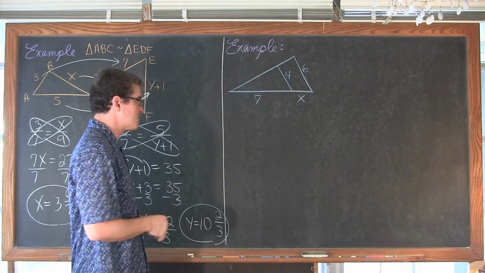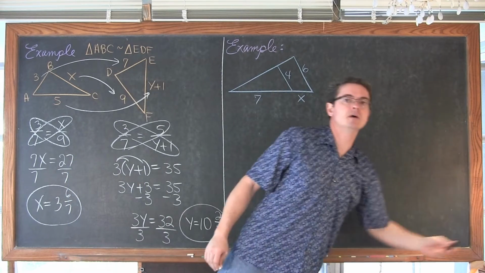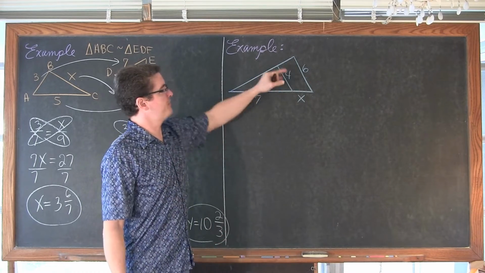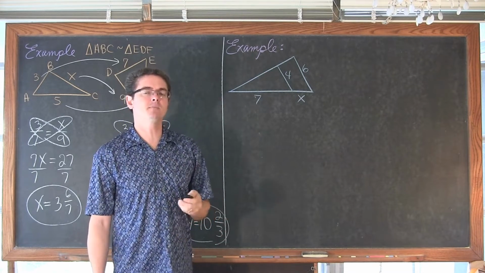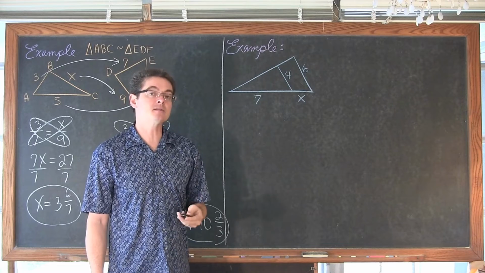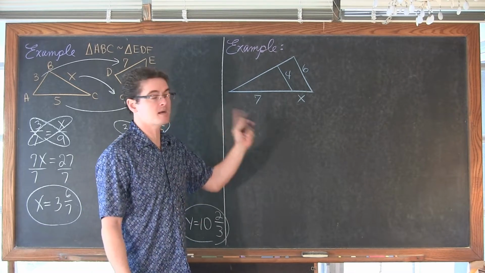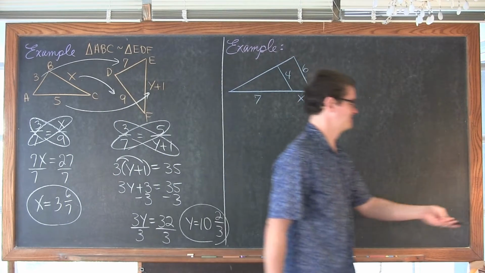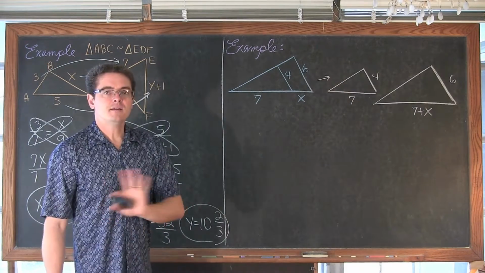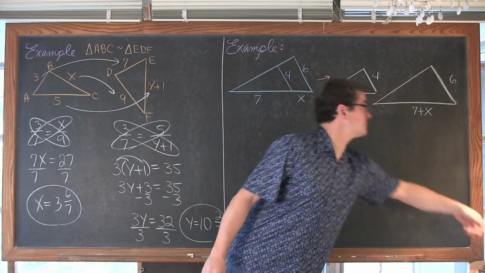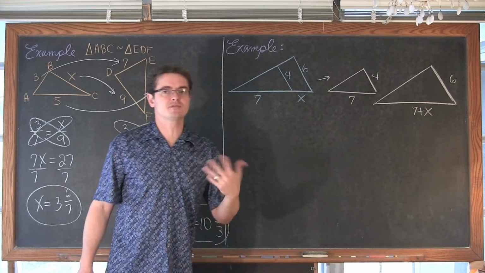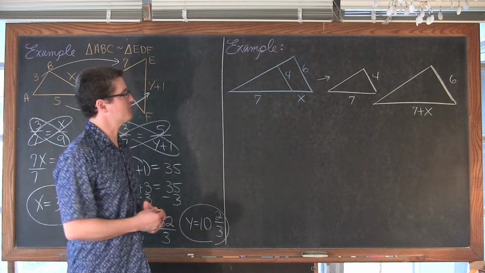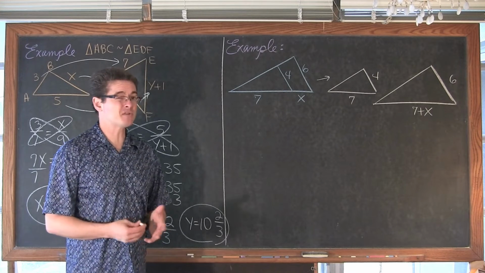So a very, very strong suggestion when you're doing problems where you have similar figures nested inside of another one: it's much easier to know how to set up the problem correctly if you draw them separate. Someone pause the video and do that for us right now. Now, if you get these problems right all the time, drawing these two diagrams separate is not necessarily worth your time, but to a lot of students it is.